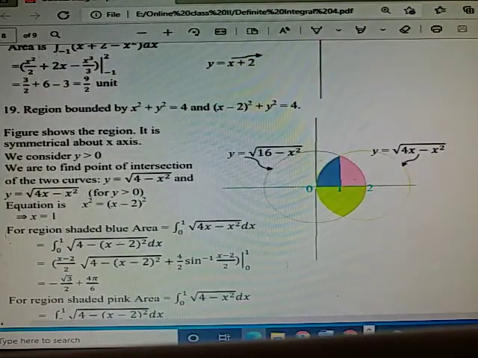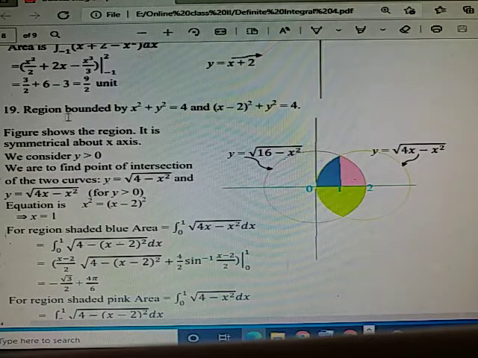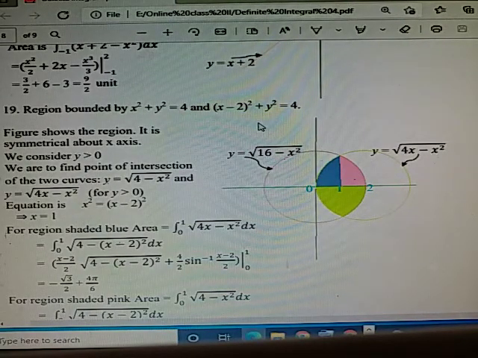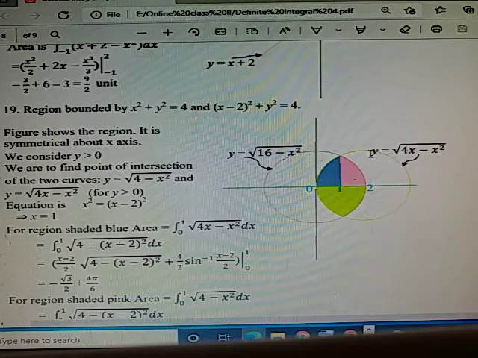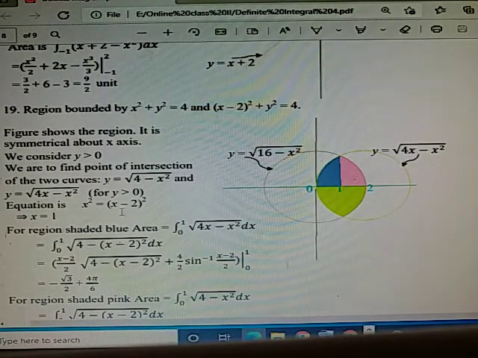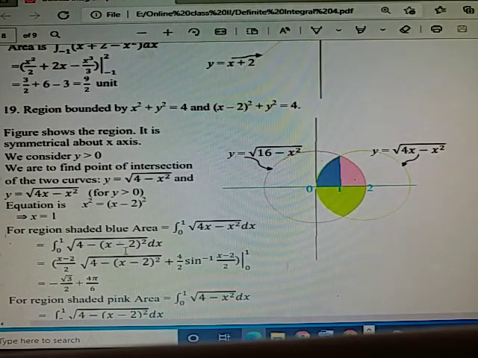Then this one is bounded by x square plus y square equal to 4, and there are two circles. We have to find the point of intersection of the two circles. So the points of intersection are, the equation is this one.